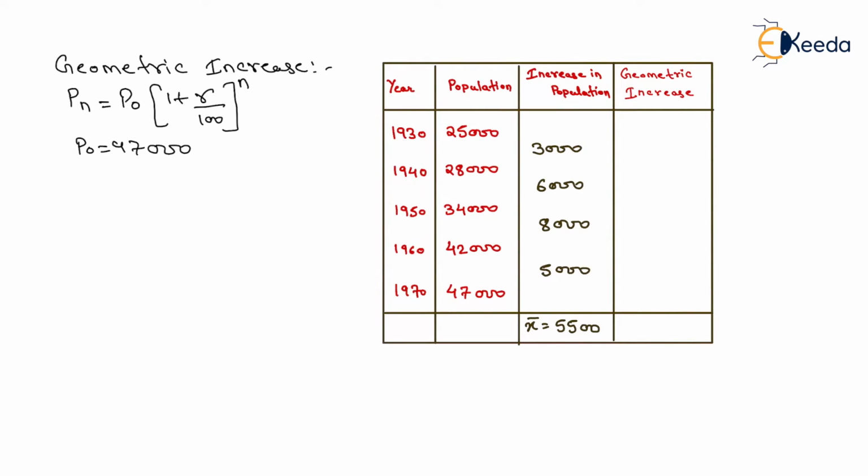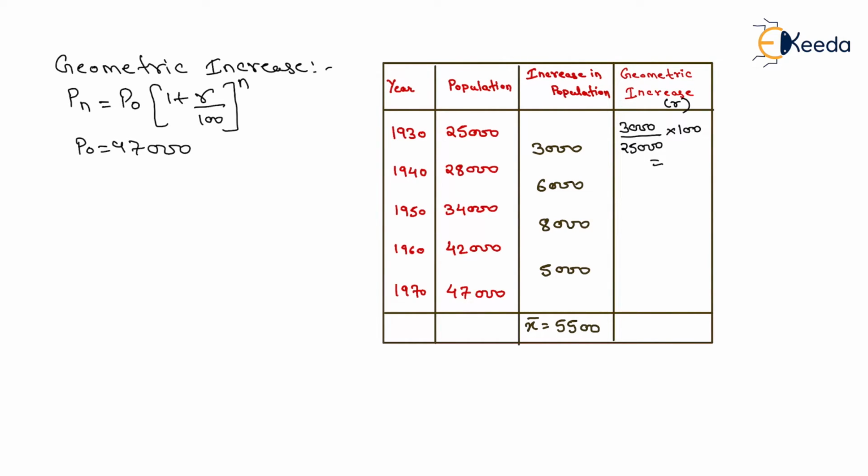Suppose that after the first decade the increase in population will be 3000, so we need to calculate the geometric rate or the geometric increase, that is r. It will be equal to the increase in population divided by the initial population, which is 25,000, into 100. Now what will the geometric rate come out to from this equation?